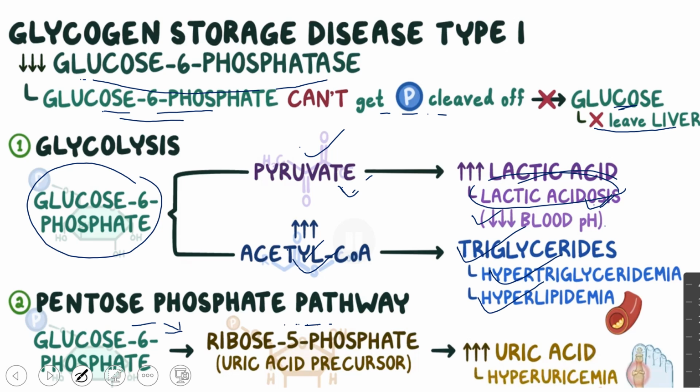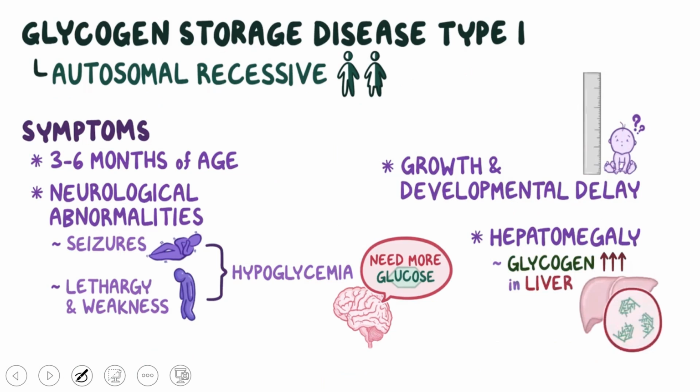So because of this rise in glucose 6 phosphate, we have more uric acid production, which ultimately gets deposited between the joints and causes hyperuricemia and gouty arthritis. So these are the reasons why we have lactic acidosis in von Gierke disease, why we have hyperlipidemia, why we have gouty arthritis, and why we have hypoglycemic conditions.